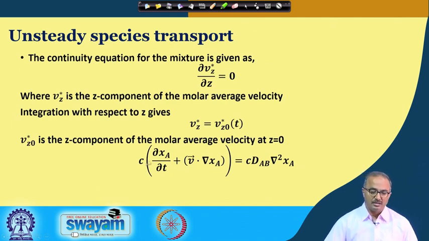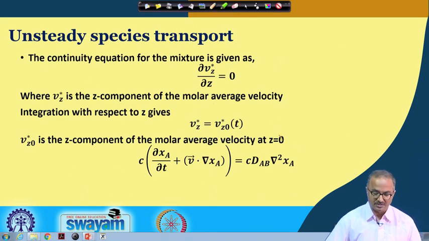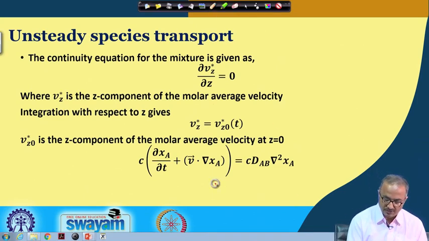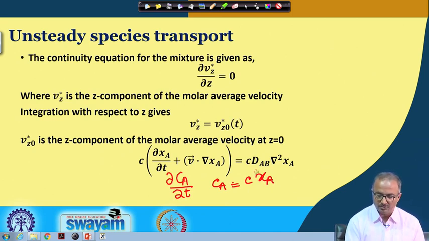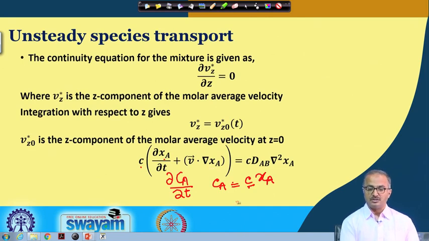Since we assume the overall concentration remains the same, this is essentially dou Ca by dou t, but Ca is taken as the overall concentration times Xa. This is constant, so it goes out of the differential, and we have only Xa on both sides. This is the basis of writing in terms of the mole fraction.